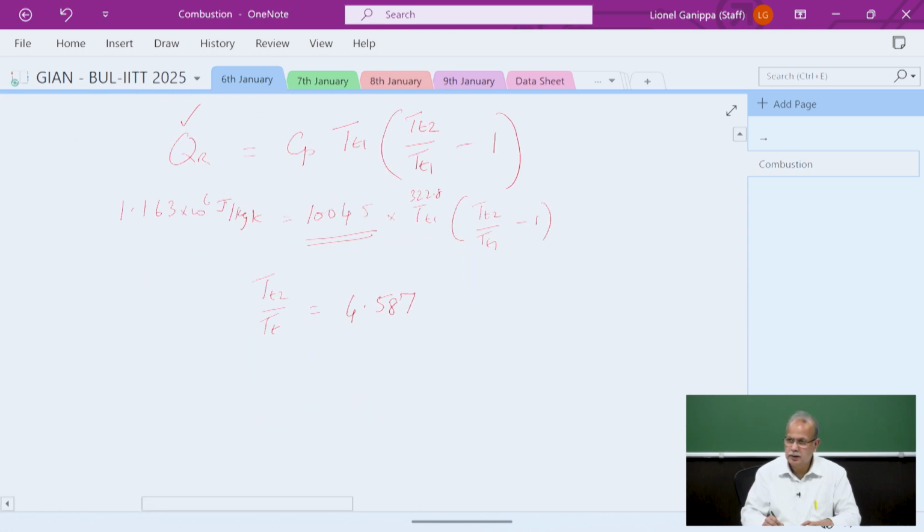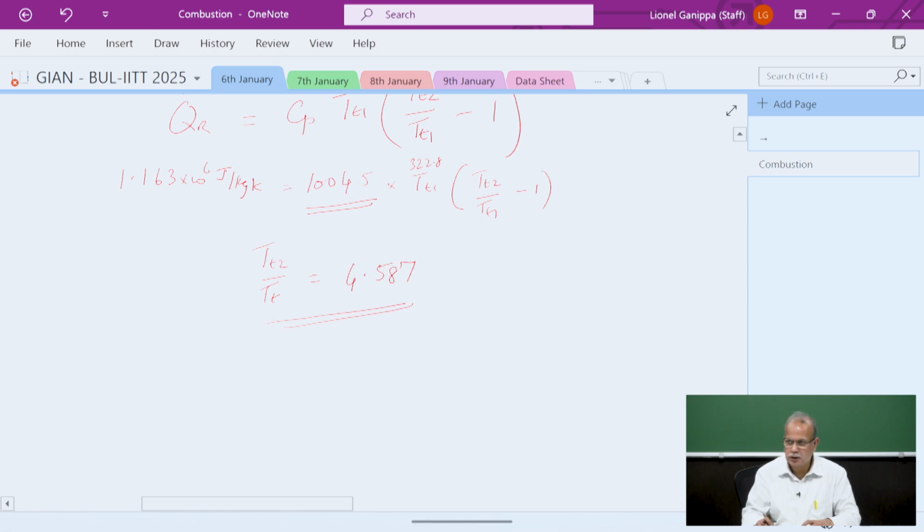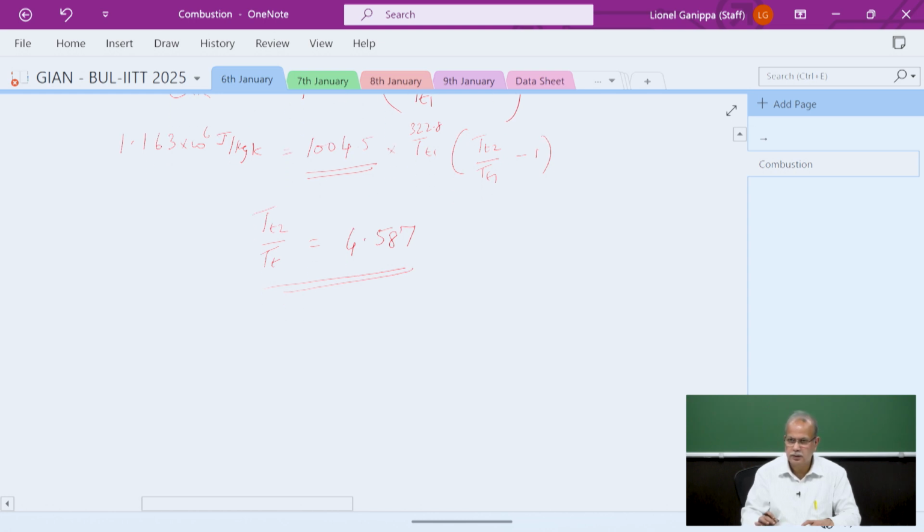Is that what others are getting? TT2 by TT1. Okay. Should I slow down? Others are getting the value 4 point.